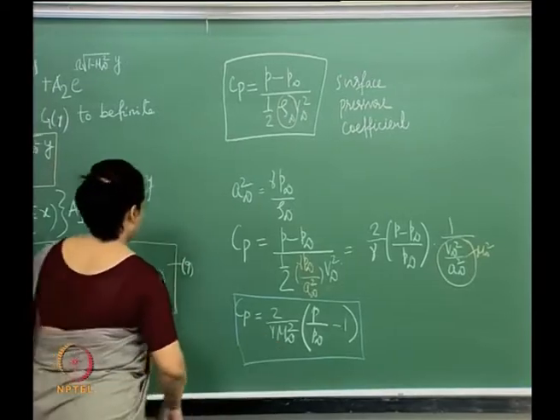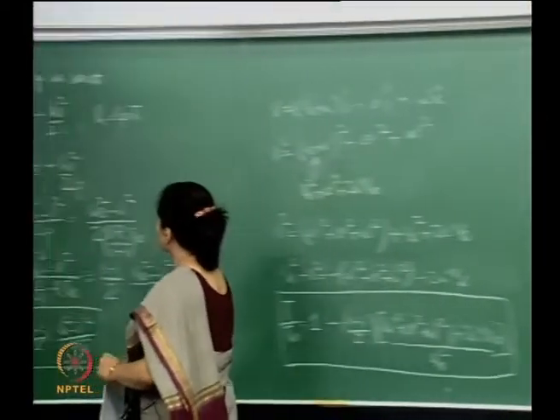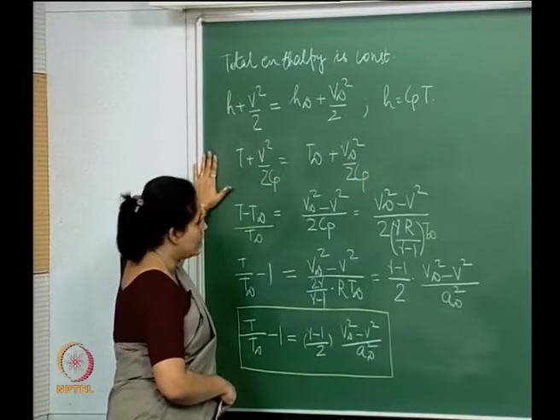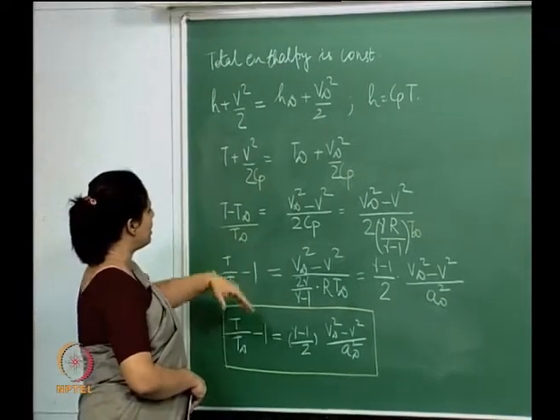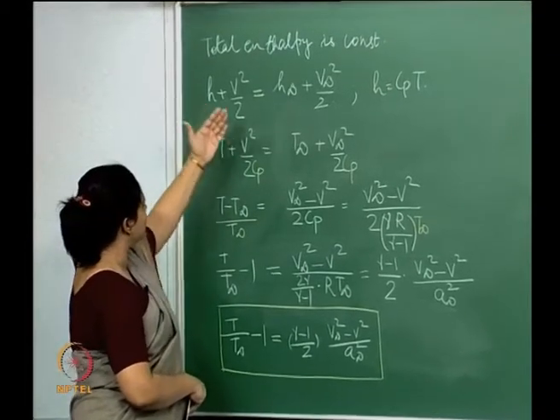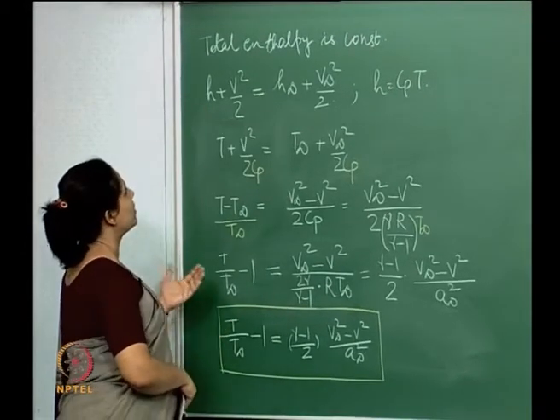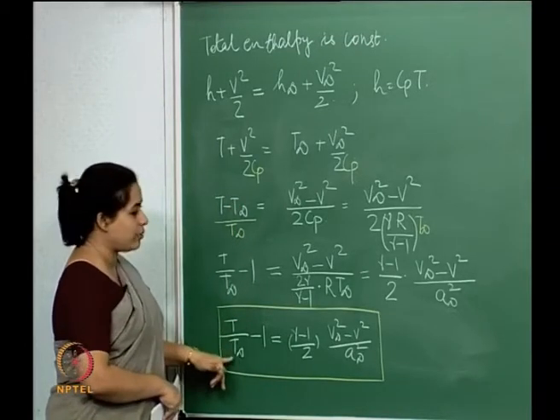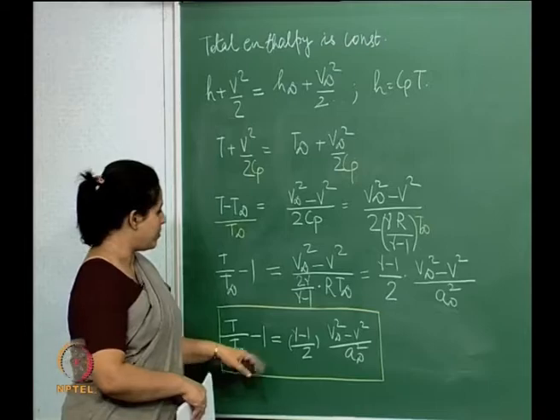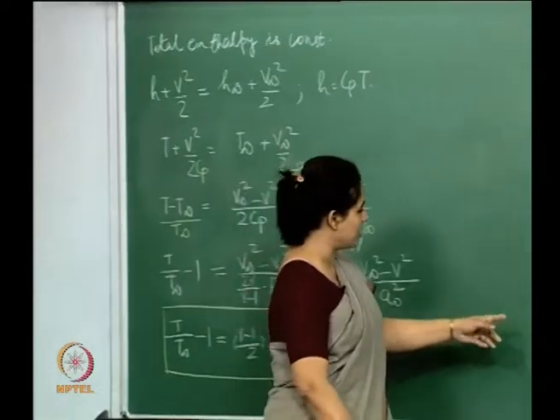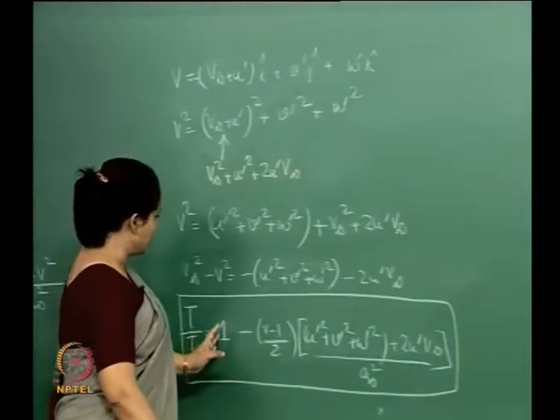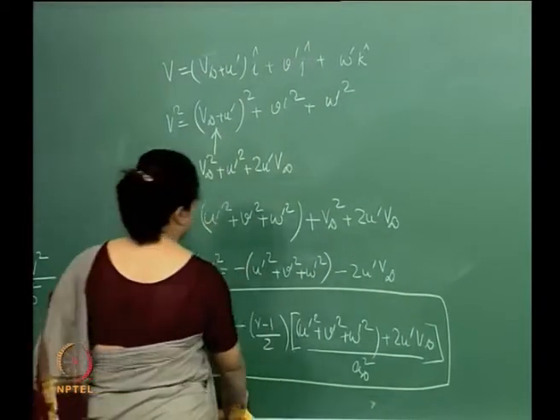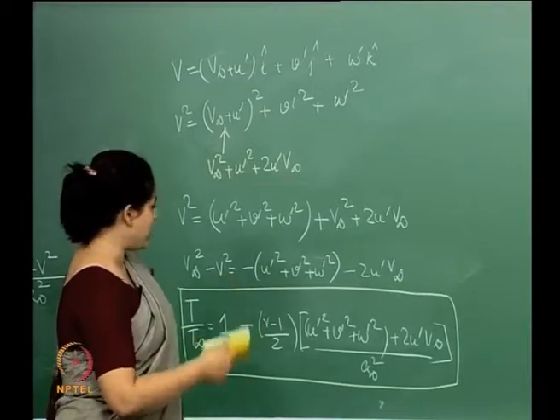Having done that, we went back and said that the total enthalpy is constant. So we started with this equation and worked with this enthalpy constant relationship, and got an expression for T by T infinity. We just did the math out here and got T by T infinity in this form. Now what we need is Cp, which is P by P infinity.